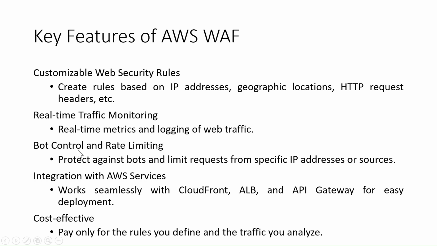It also provides bot control and rate limiting features, so you can protect against bots and limit requests from specific IP addresses or sources. It helps protect your sites from automated bots and limits how often someone or something can send requests to your website. This is used to stop abuse like brute force attacks or excessive requests.